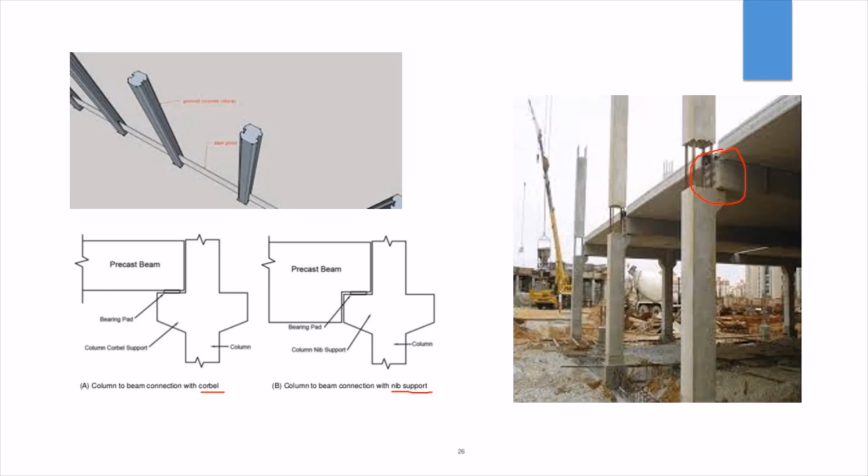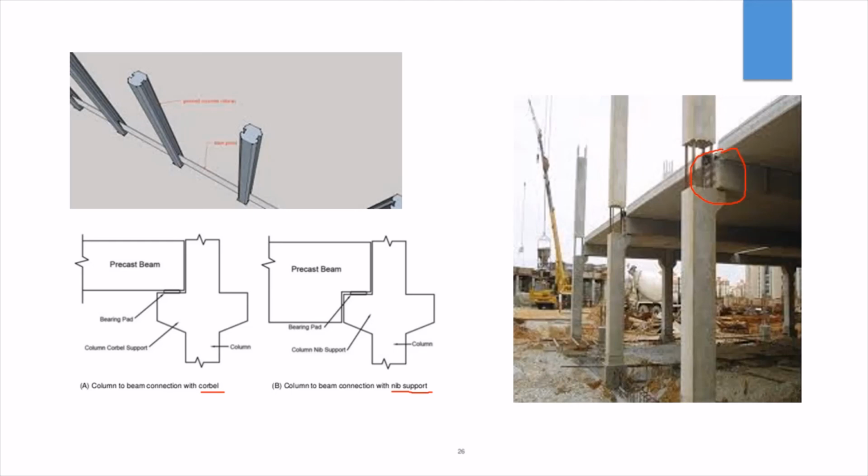And this is nib support. We have a bearing pad also, and it looks like this. You can see the portion here has been developed here. In nib support we have gone for maximum depth. So this is the difference between nib and corbel.